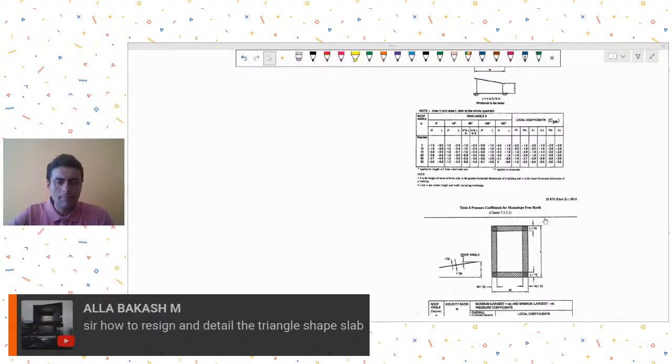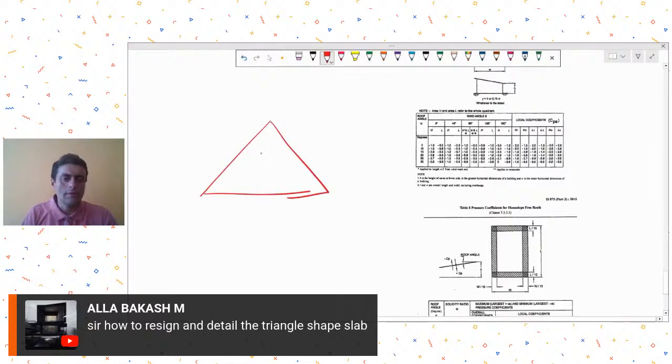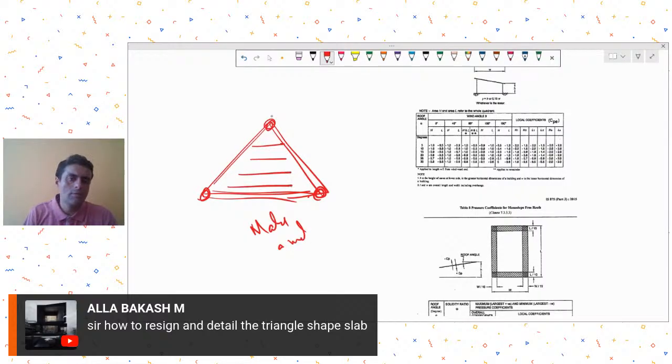Engineer Allah Baksh M is asking how to design and detail triangular shaped slab. So for triangular shaped slabs, you will have to first see what type of yield lines are being created depending on the type of load. If you're not sure of the yield lines, the best way I would say is to make a small model, because yield line theory will not work over here. Then look at the moment contour, and as per the moment contour find out the moments.